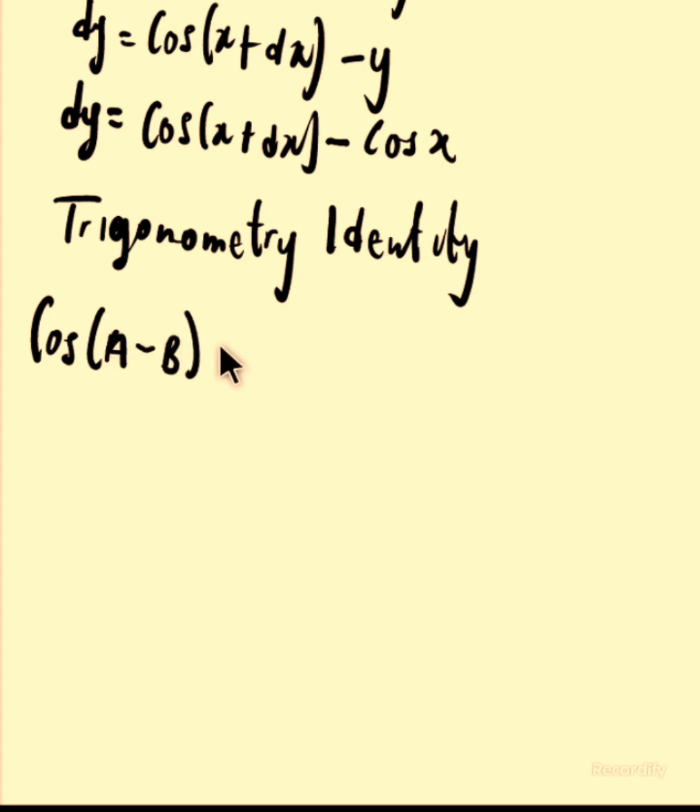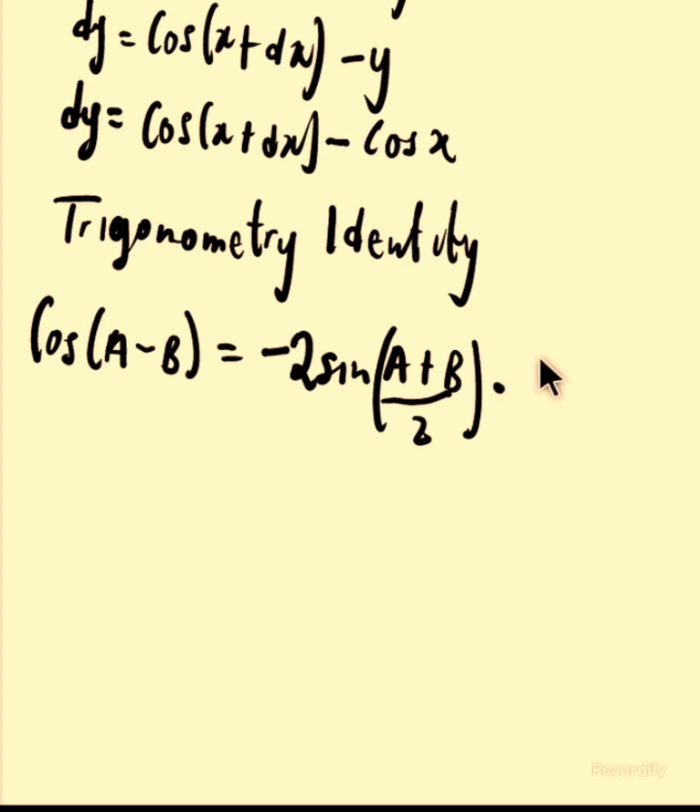Cos a minus cos b equals, according to the trigonometry identity, negative 2 sin of (a plus b) divided by 2, times sin of (a minus b) over 2. This is the value for cos a minus cos b when making use of the trigonometry identity.